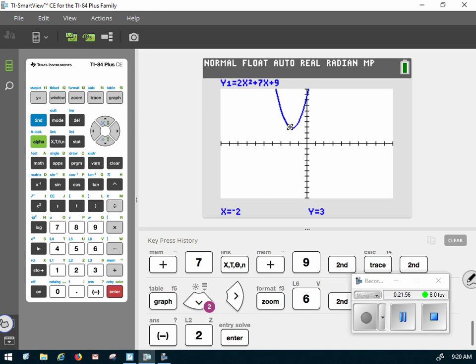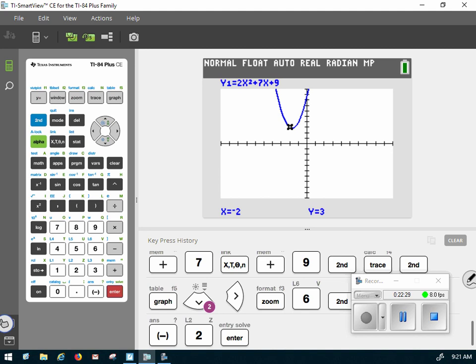It's a point on the graph. When you synthetically divide by negative 2 and your remainder is 3, that's telling you that you've got a point on the curve. Negative 2, 3. Oh my gosh. I think that's pretty cool.